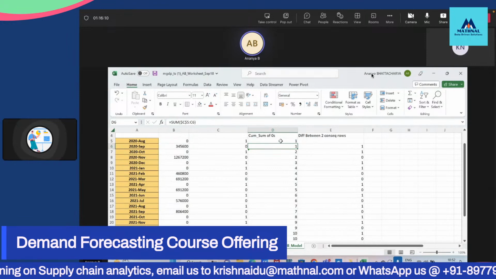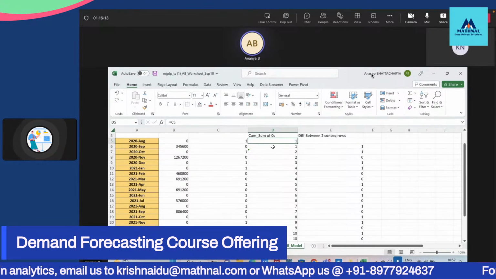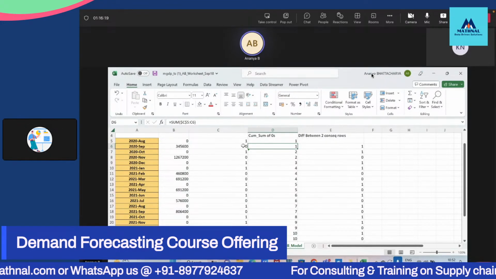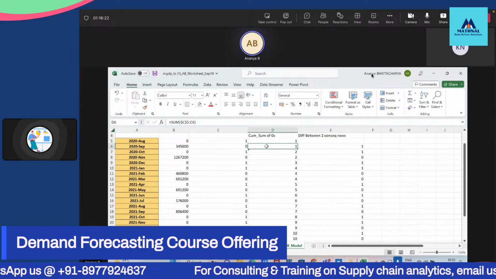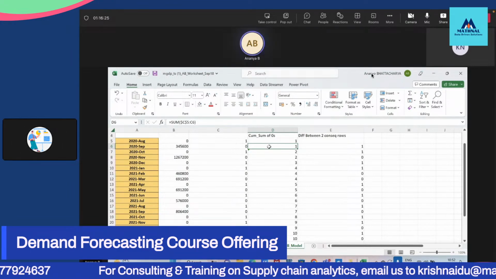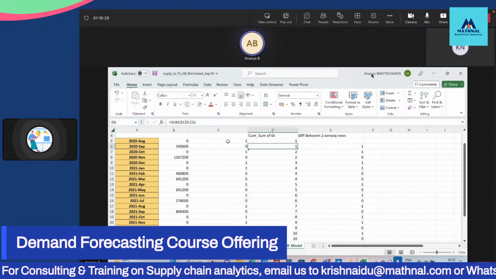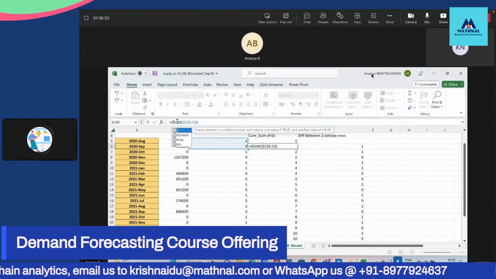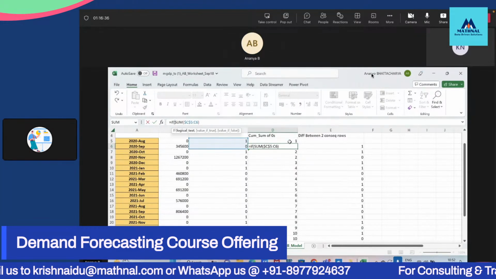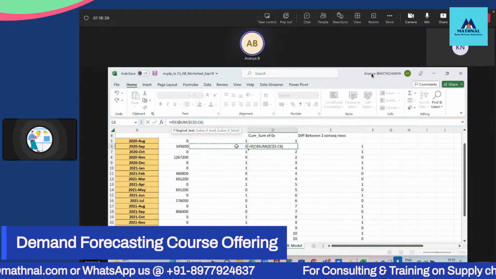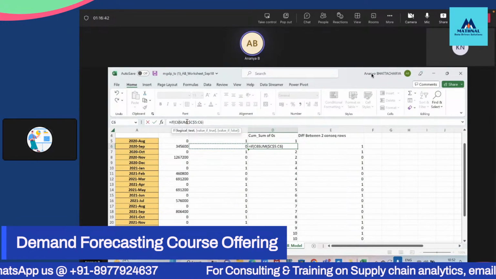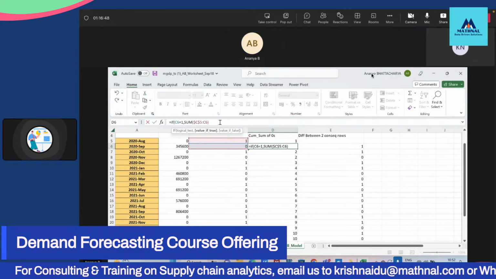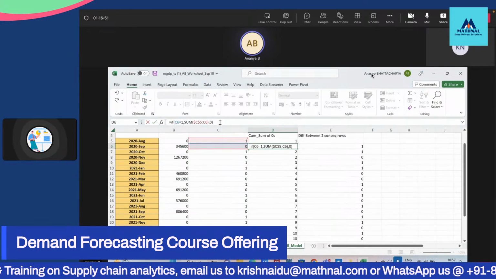I'm just adding from C5 to D5. So I'm going to do the sum only if this is 1 over here. If it is 0 over here, then I'll simply put 0. So if this number is equal to 1, then I do the sum. Else I put a 0.